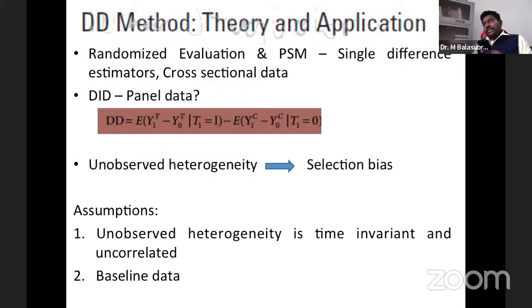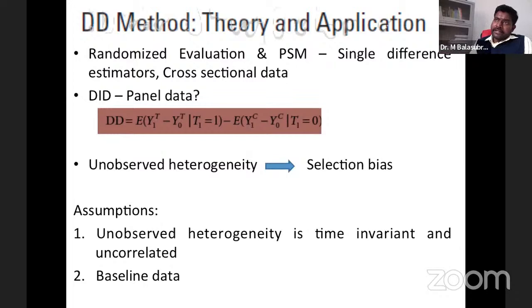In earlier forms, they may use cross-sectional data. Here we are going to use panel data also, right? That is one advantage of applying this double difference model. The panel data, of course, you know the criterion for panel data.